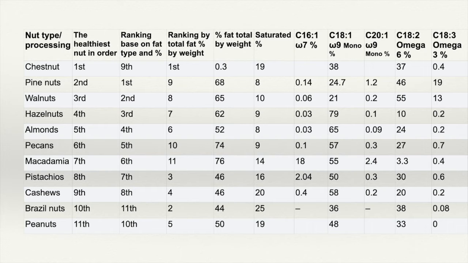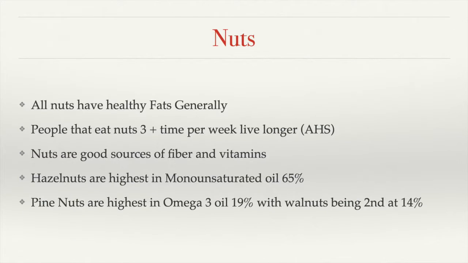So just in summary, on nuts, all nuts are considered healthy. People that eat nuts 3 times per week live longer, according to the Adventist Health Study. Nuts are a good source of fiber and vitamins. Hazelnuts are highest in monounsaturated oil at 65%.